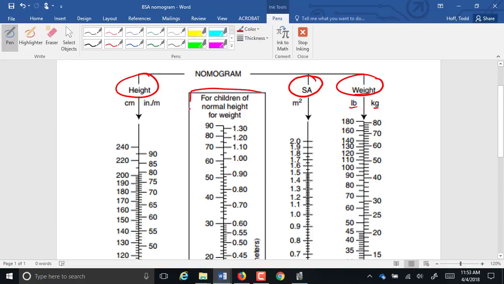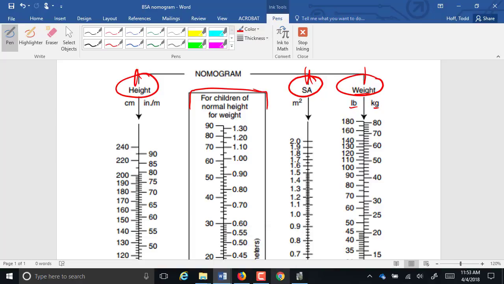What's in the box right here is actually a separate graph, a separate table that's been put in there to take up space because these columns had to be spaced in a certain way to make them line up. Let me show you what I mean by that.